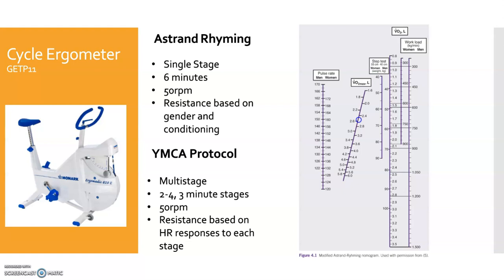That's because that chart is based on milliliters, so you would use 25 on that chart. The YMCA protocol is pretty common. It's a multi-stage test. You go in 2 to 4 three-minute stages. The revolutions stay the same, but the resistance is adjusted in each stage based on the change in heart rate.